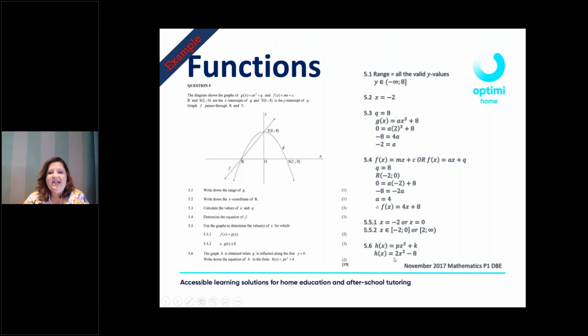It will now be a +2, minus 8. So when my y value is 0, over here I'm folding it on my x-axis. So what will happen is it will flip over to this side.